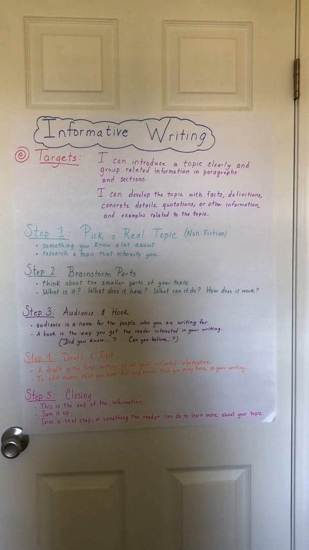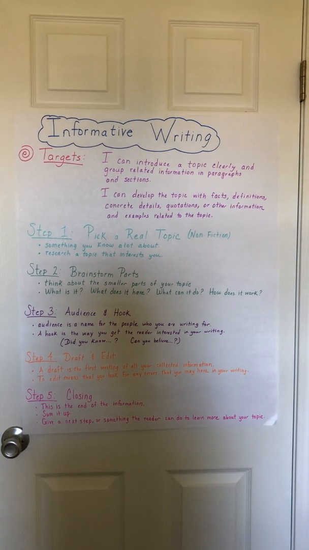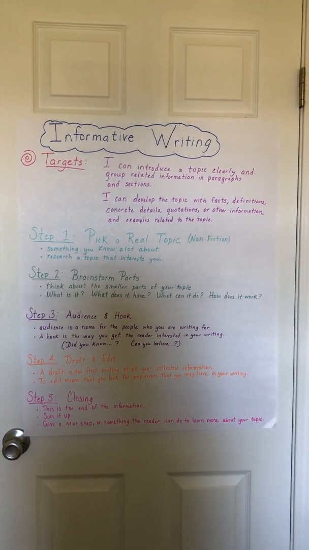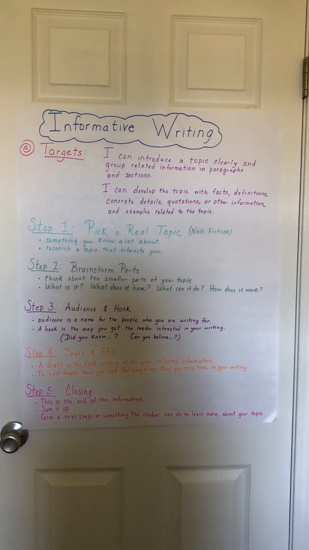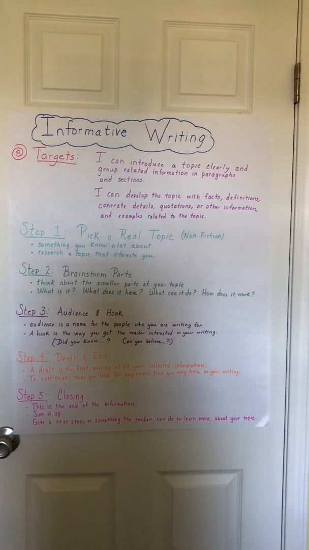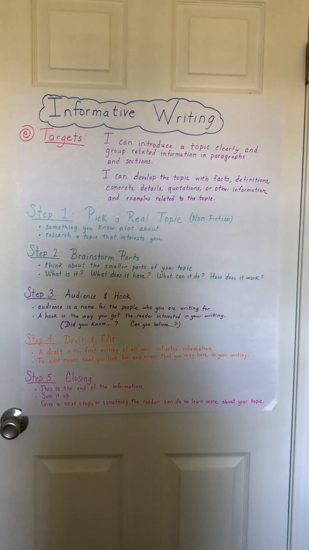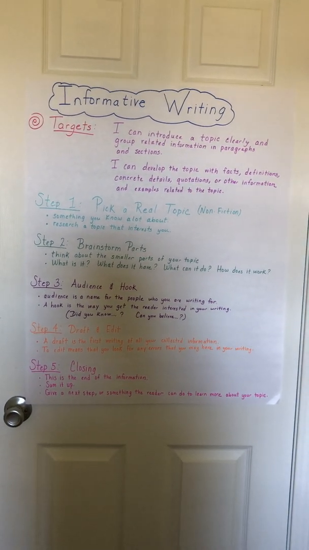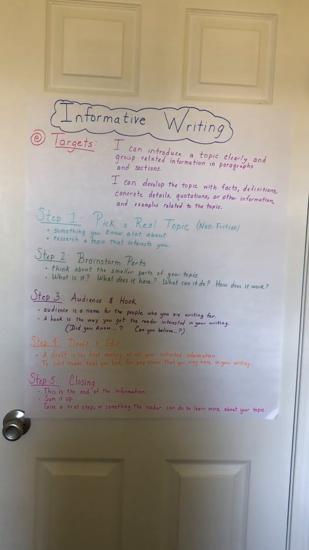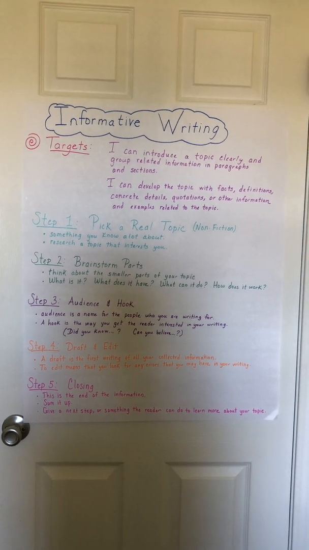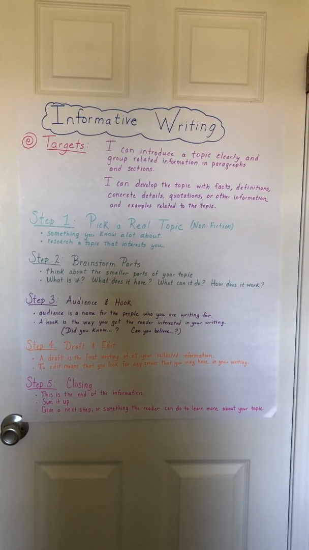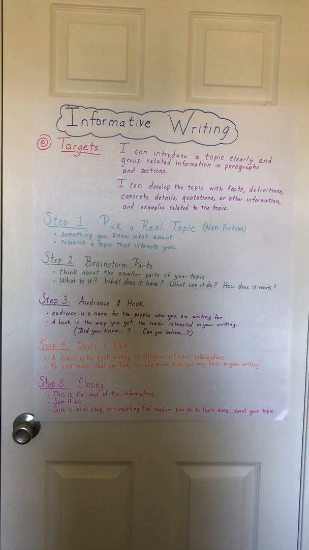What does it mean to develop? Develop means to give more information and back that up with facts, definitions, those details. Give us more information. So not only telling us the topic you're introducing, but also developing it in a way that your reader can understand your topic just the way that you do.